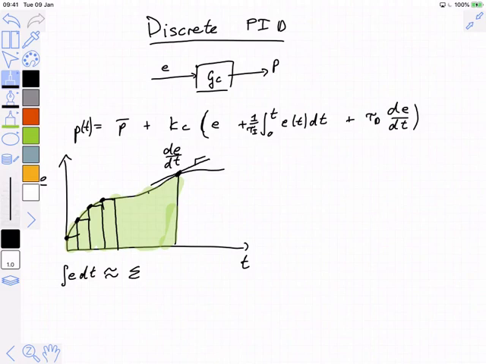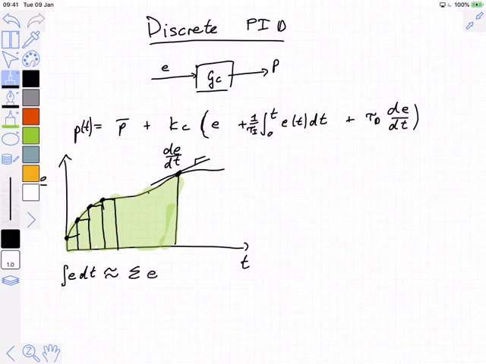The basic idea is that we're approximating it by rectangles. We can do this moving either forward or backward, so it is also possible to do that approximation using the error at this time and effectively assume that error had been there for a while. Both are possible. They lead to what are known as forward and backward approximations of this integral.